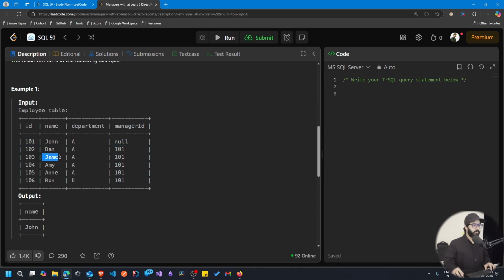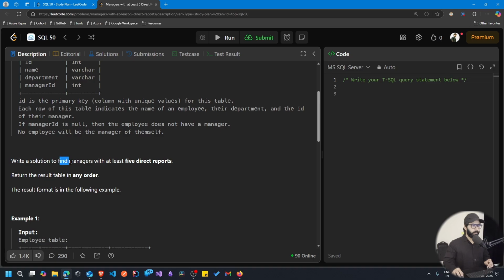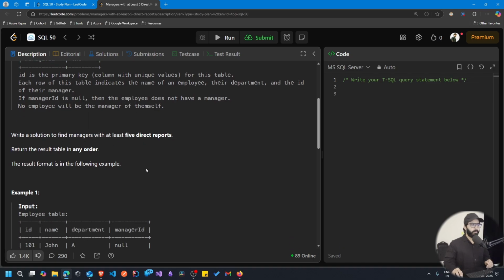Then Dan, James, Annie, and Ron all have manager ID 101, which means John is the manager of all of these. So we are returning John. We have to find managers with at least 5 direct reports.